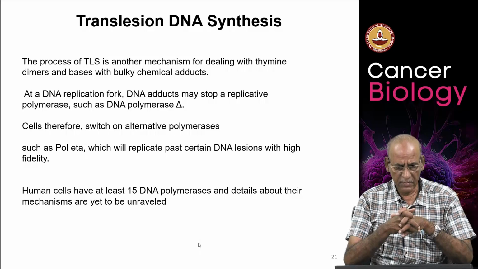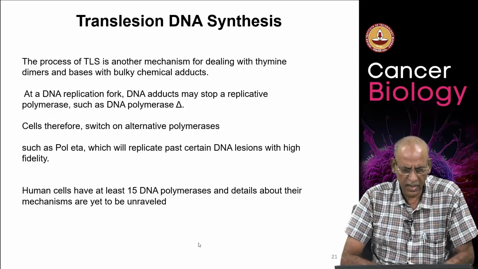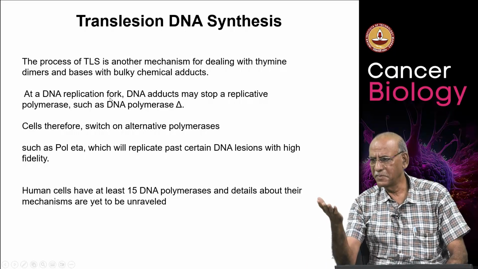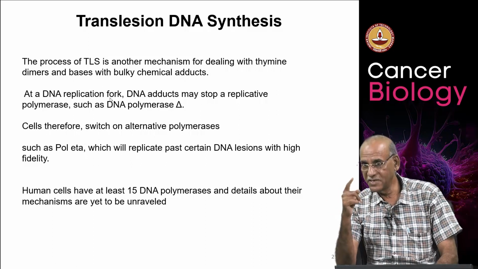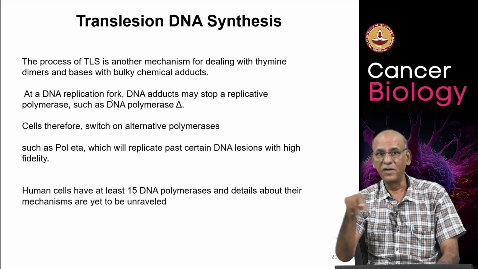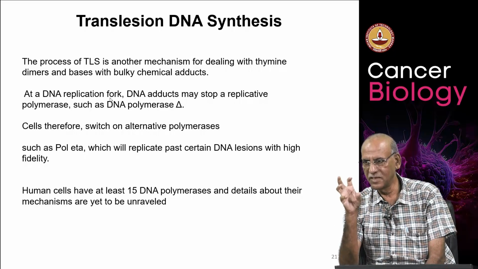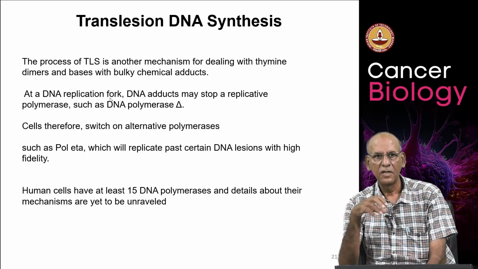It is for thymine dimers and any bulky chemical adducts. This is what I said, DNA replication fork. You were saying some foci and all. What I wanted, that answer was replication fork. Replication fork will look like a bubble. They call it a bubble also. In electron microscope, you see that replication bubble, they say. That is the terminology they use.